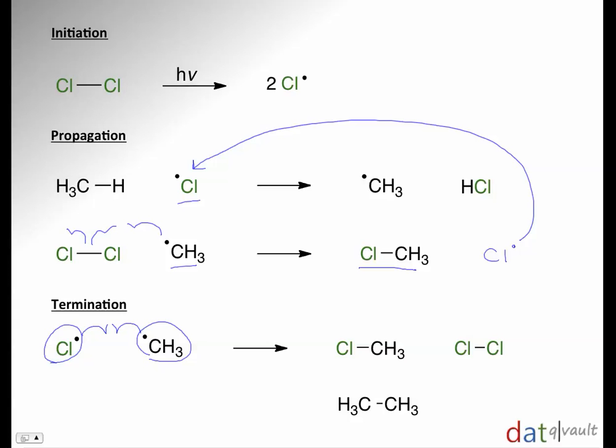To avoid getting ethane as a byproduct, this reaction is typically run with a high excess of chlorine so that there's way more chlorine radical to react with than there will be other methyl radicals.